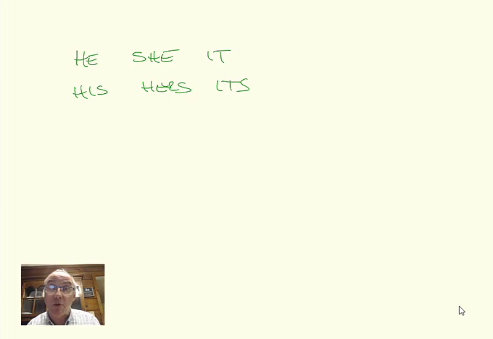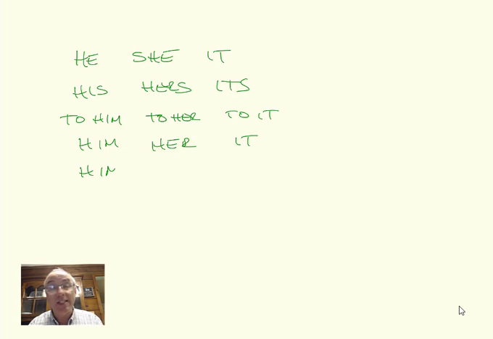That's our genitive form. It's to him, to her, to it, him, her, it, and again, as the object of a preposition, him, her, it. I would encourage you, if you would find it helpful, to go and write these words next to the Latin.